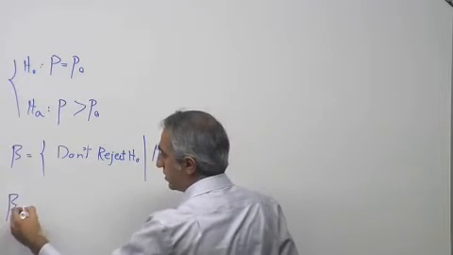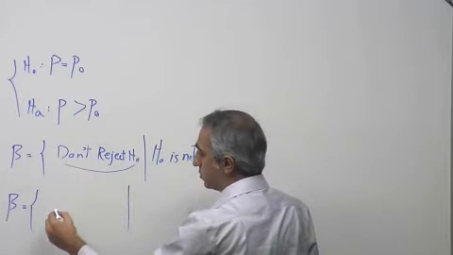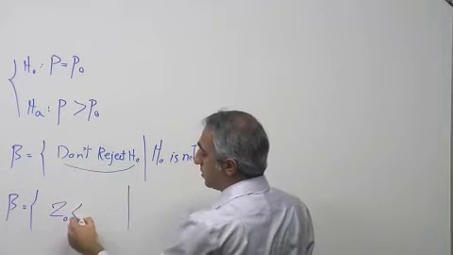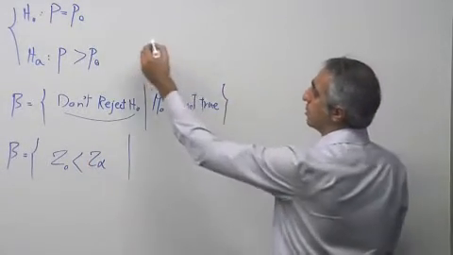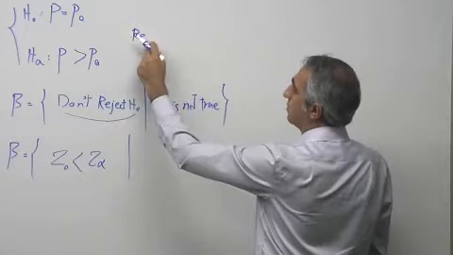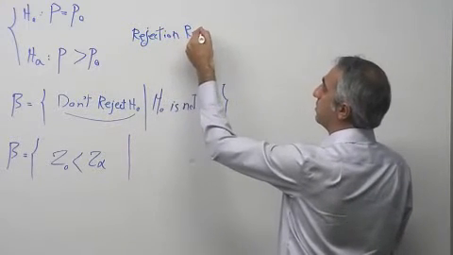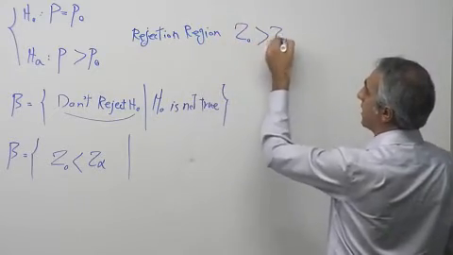So let's use mathematical formulation. Do not reject H null, which means in this case, Z0 is less than Z alpha, because the rejection region is Z0 greater than Z alpha.